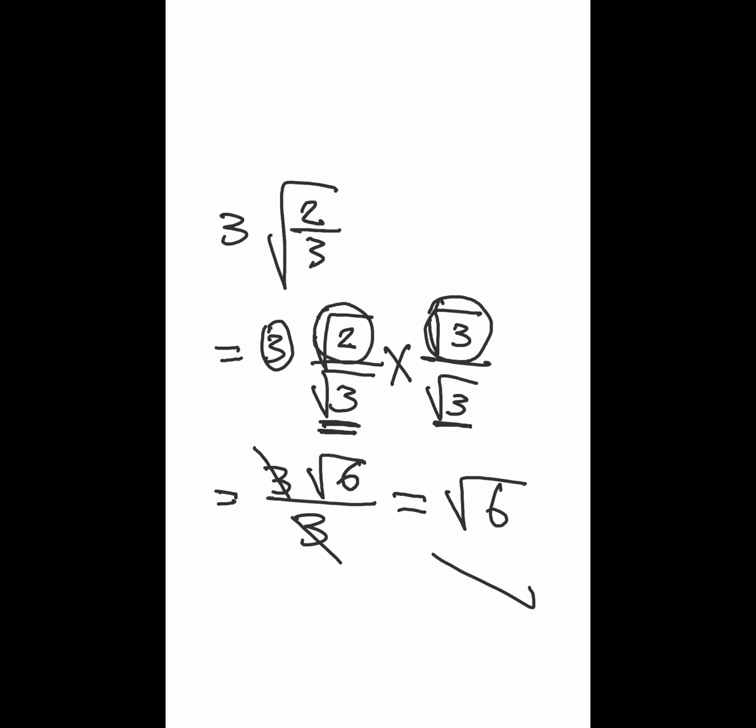Otherwise, I can solve it in a different way. How? 3 square root of 2 over 3: this 3 outside the square root, I can place it inside the square root. So 3 inside the square root means 3 squared, which is 9.